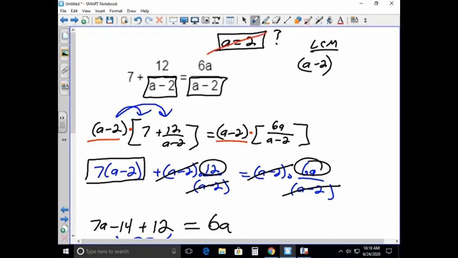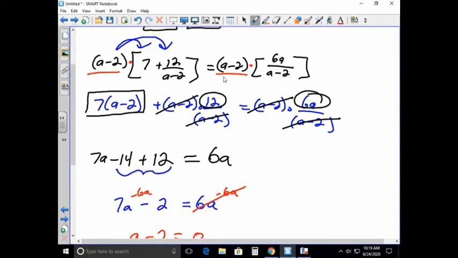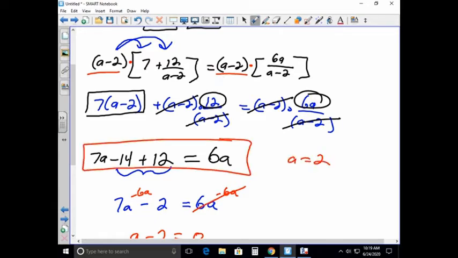That number is not in our quote-unquote domain, even though this is not a function. So that is not a value that can be a solution to this equation. Where did that number come from? We wrote a new equation, and that number is a solution to that new equation.